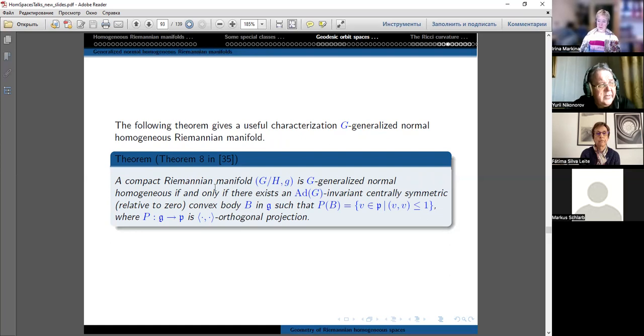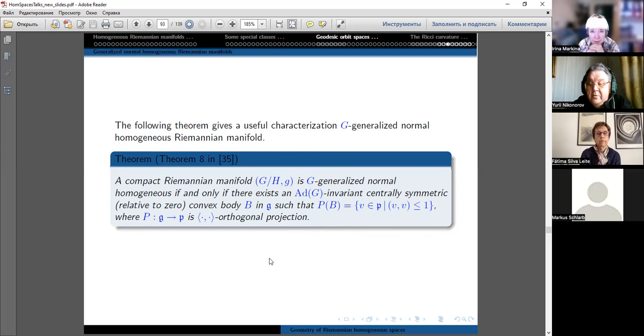From the first sight, one can think that it's nonsense, because it's very strange that some convex body which is not an ellipsoid gives a projection ellipsoid in P, but it's interesting that this is the case.